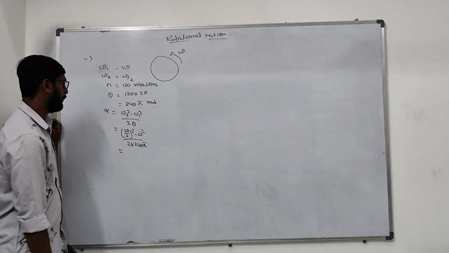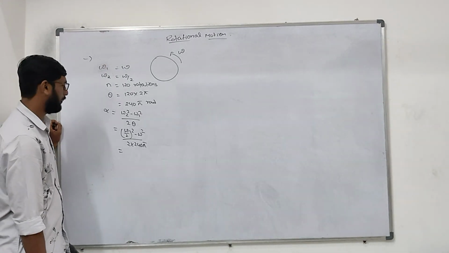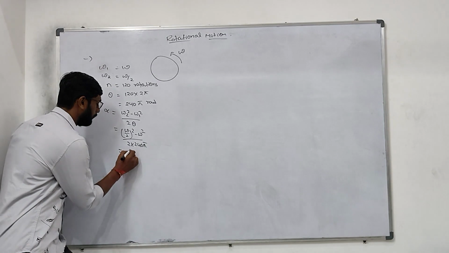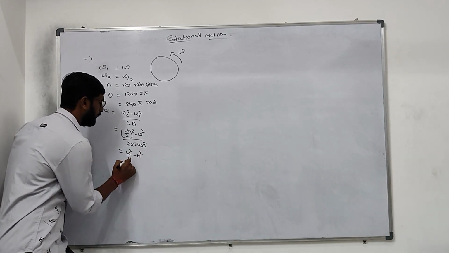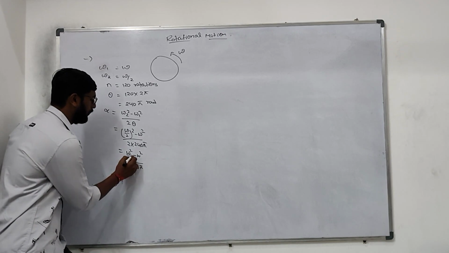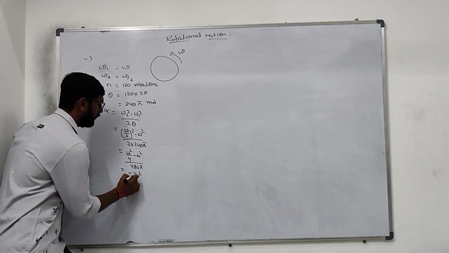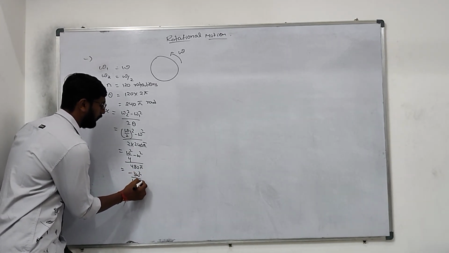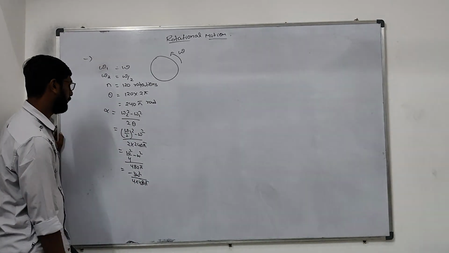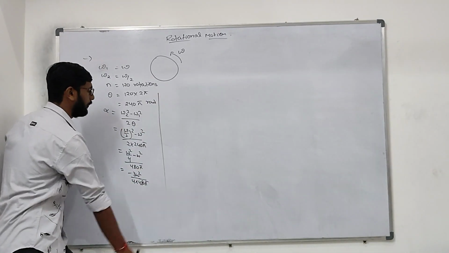Actually it is retardation only, so we'll get a negative, no problem. So this is omega square by 4 minus omega square by 480. So this is minus 3 omega square by 4 into 480. So this is alpha.